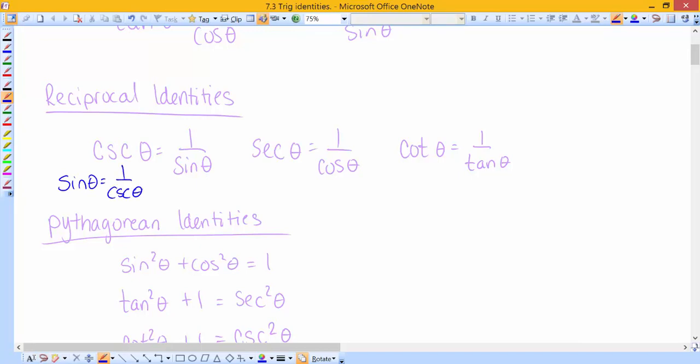If you are looking at your trig identity sheet, and if you don't have that out while you are watching this video, you need to pause this and get out your identity sheet. There are 6 of them, 1 for each of the trig functions. So we have a lot to choose from there.